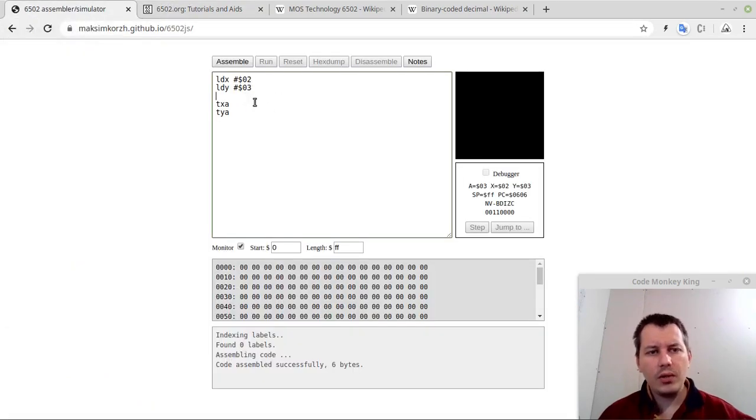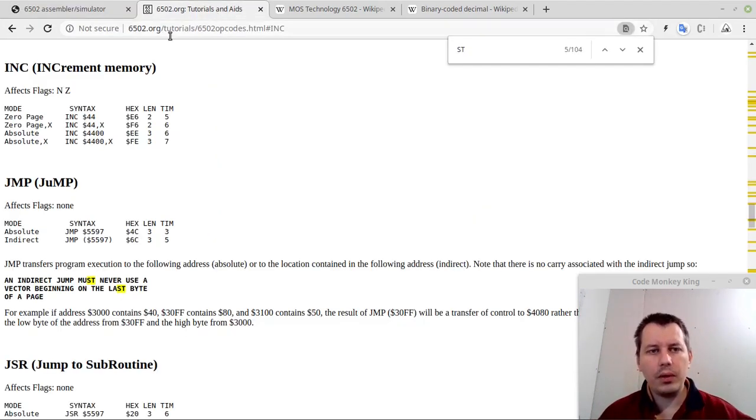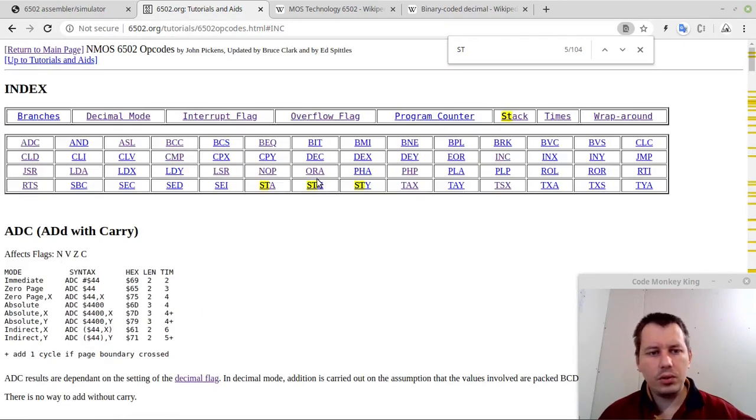All right, so for instance, here we want to say increment X, which would just increment X by 1, and let's make it twice. So we can also have a look at the decrement. So it should be, wait a sec, D, yeah.